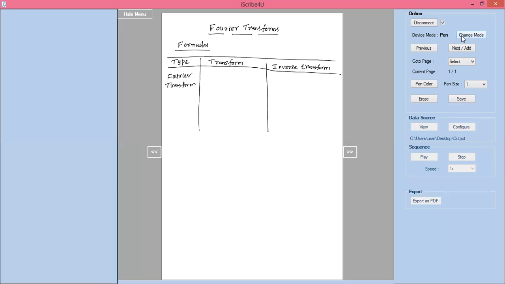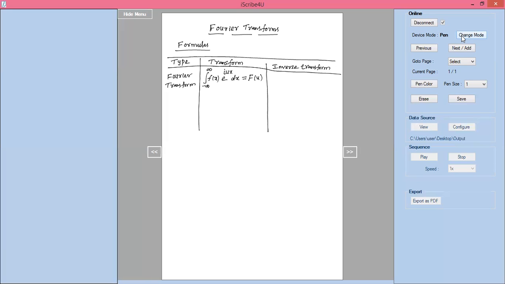What is the Fourier transform here? First one: integration of minus infinity to plus infinity f of x into e power iux into dx. That we will denote as F of u.